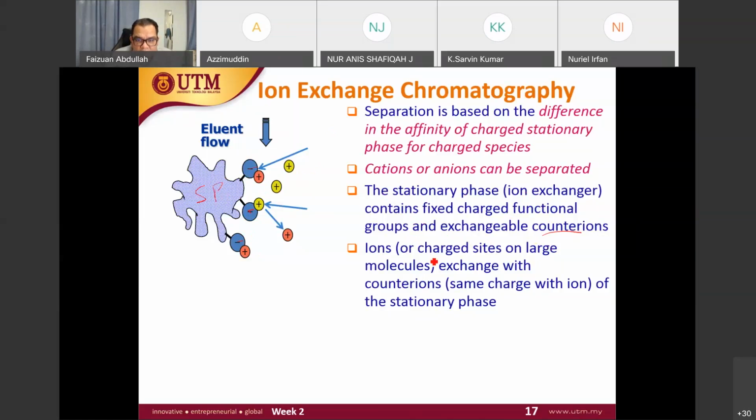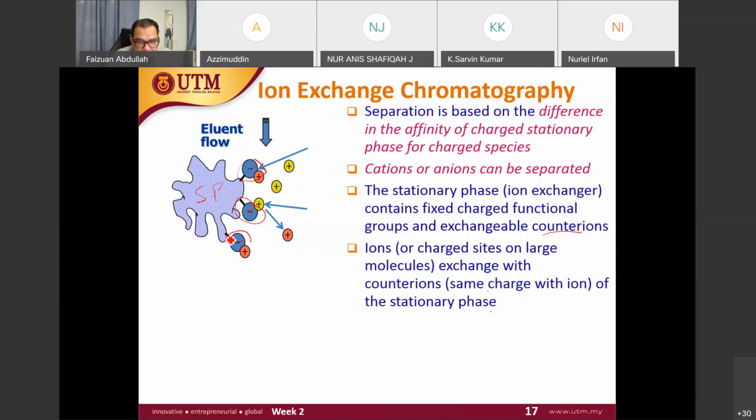Ions or charge sites on large molecules exchange with the counter ions of the same charge as the ion of the stationary phase. Do you understand? The ion exchanger contains a fixed charge. This charge is fixed.